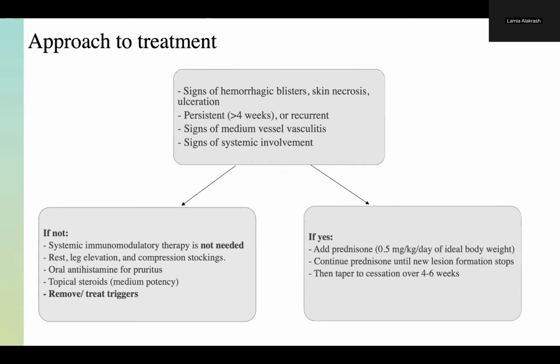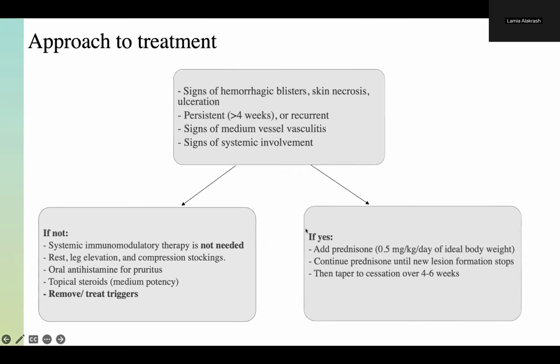Usually we start with rest, leg elevation, compression stockings, oral antihistamine if it's symptomatic, and topical steroids to minimize inflammation. It's also very important to rule out secondary causes or remove triggers if you have infection or drugs. And if yes, usually it depends.